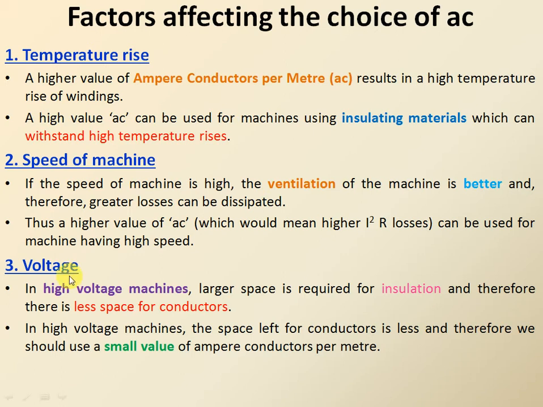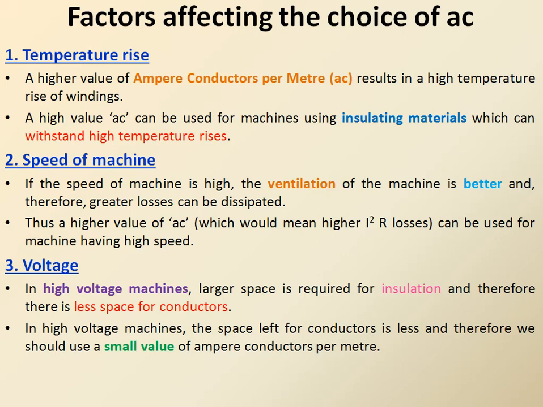Next factor is voltage. Just like we mentioned before, for large voltage rated machines, the insulation requirement is also quite large. So due to this large insulation which is being provided for large voltage rated machines, the space which is available to accommodate the conductors will be definitely quite small.